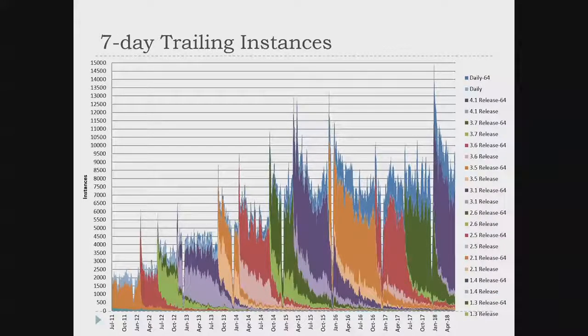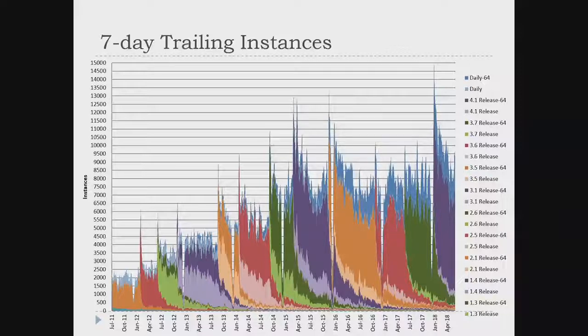And this is up to right now. You can see that the 4.1 release was very popular. And then we come back after everybody downloads it. We sort of come back to reality. But this blue line on the top here, that's Skyline Daily, and you can see that when we have long release cycles, more people start using Skyline Daily because they want to get the newest releases. They want to get the newest features.